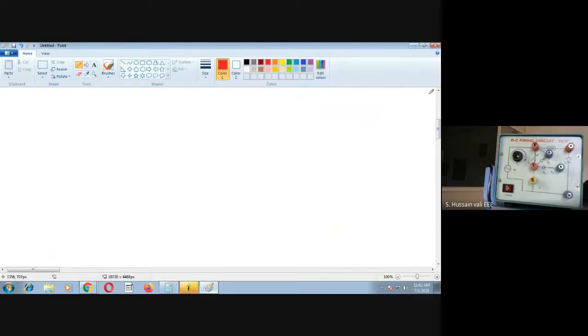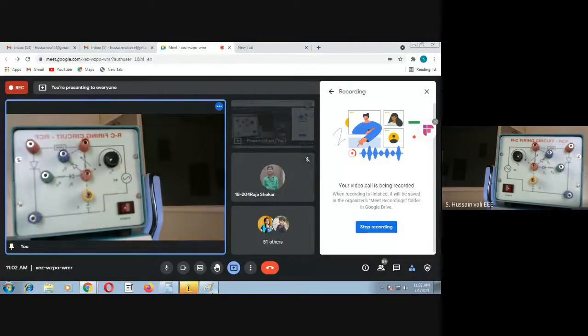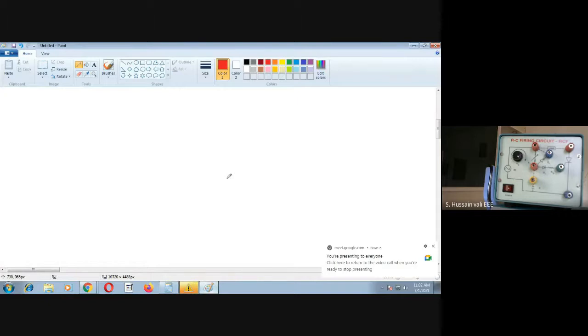Then we will go to another kind of firing circuit, that is the RC firing circuit. In the RC firing circuit, you have a capacitor extra.